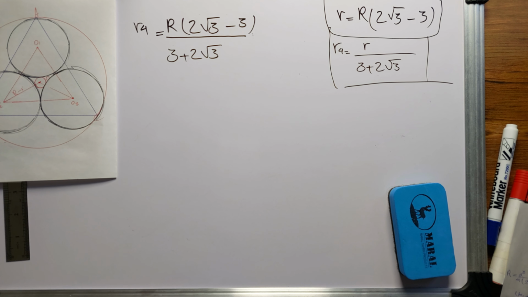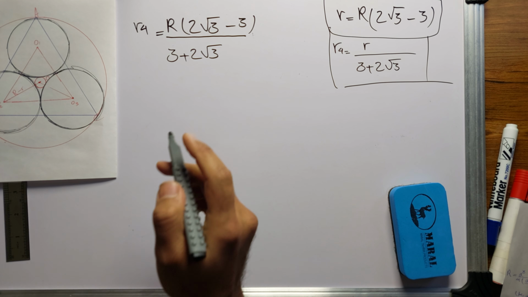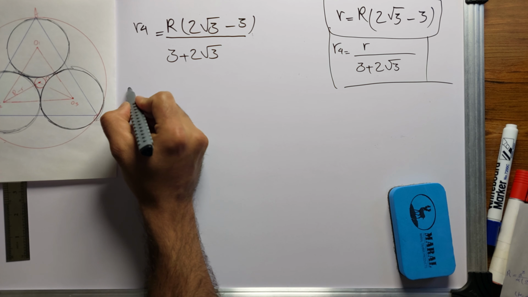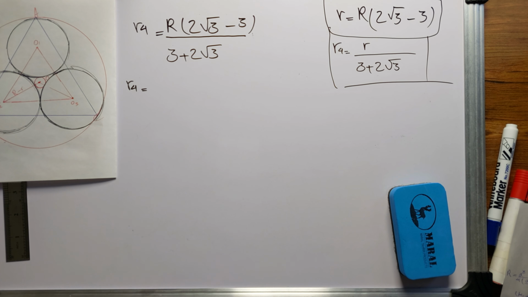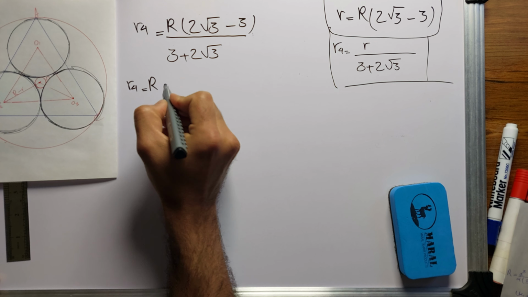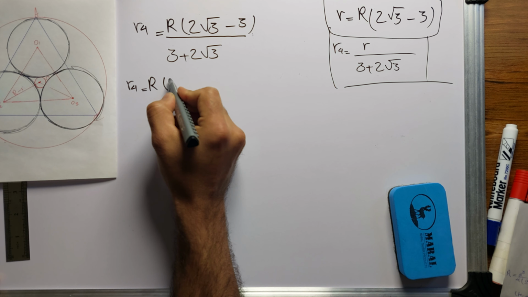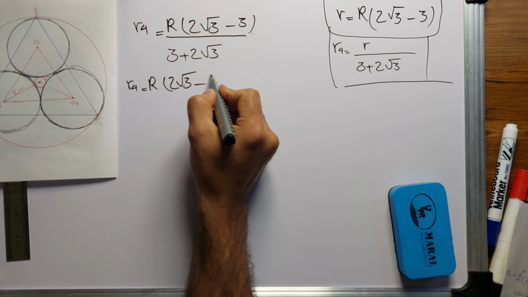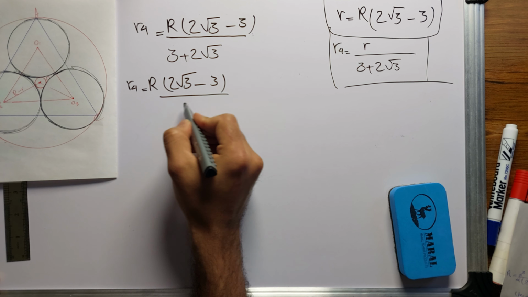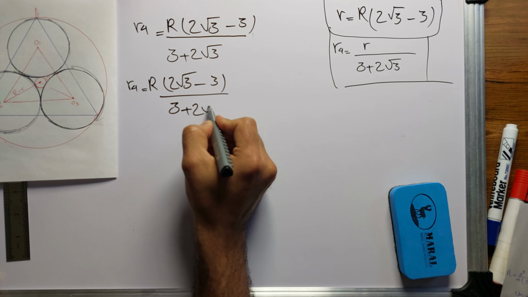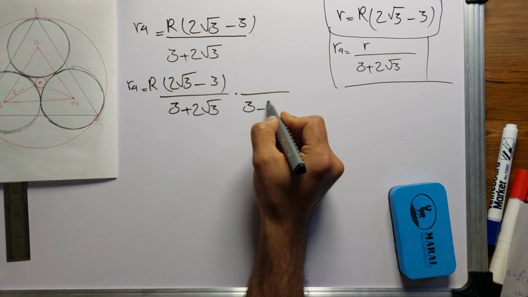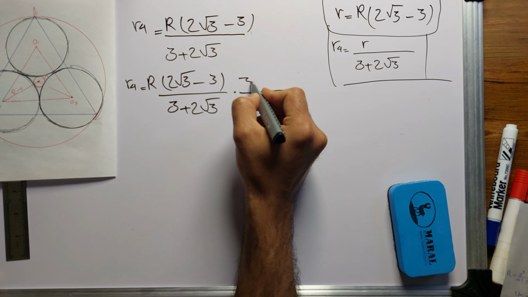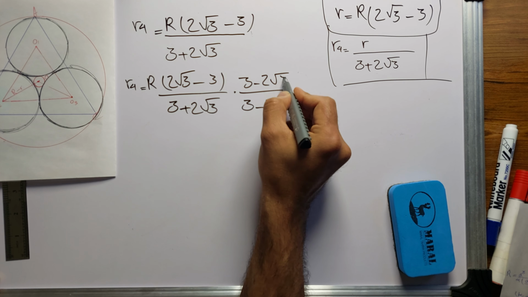So we can rationalize this fraction by multiplying by the conjugate. So r times (2 square root of 3 minus 3) over (3 plus 2 square root of 3) times (3 minus 2 square root of 3) over (3 minus 2 square root of 3).